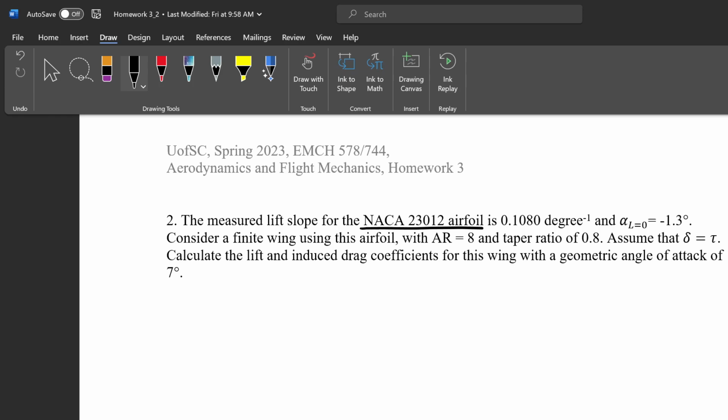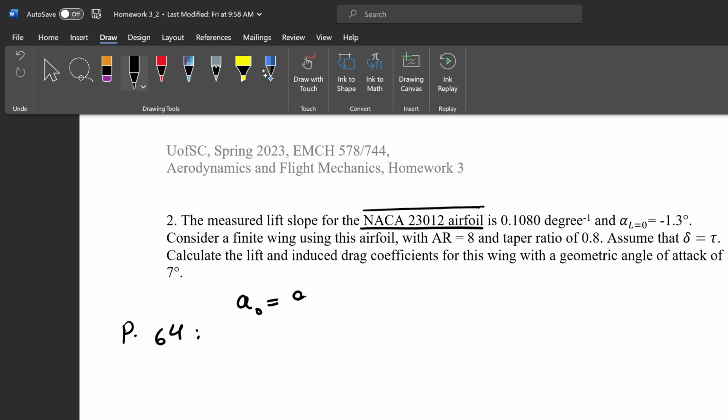If you go to the lecture notes, page 64, you'll see that we have two CL versus alpha curves, one for infinite wing and one for finite wing. Since we are talking about an airfoil, whatever value is given to you for that airfoil is essentially for that infinite wing. So the lift slope here is a naught.